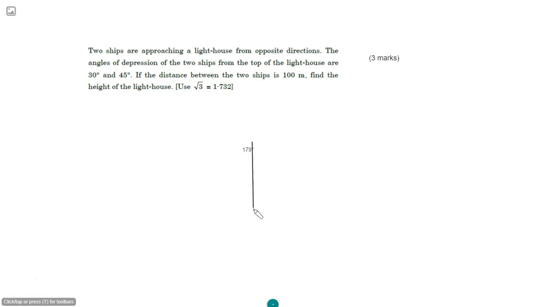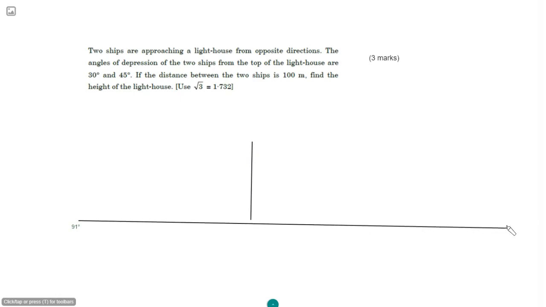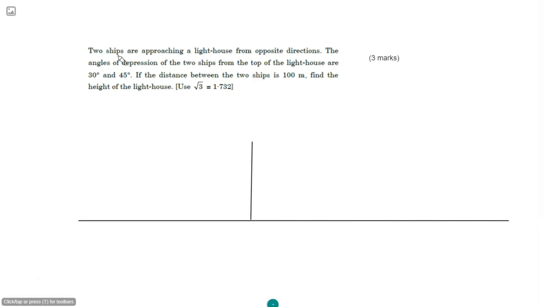We have the lighthouse here, and here is the sea, right? Two ships are approaching this lighthouse from opposite directions. So let's assume one ship is here, and the second ship is somewhere over here.